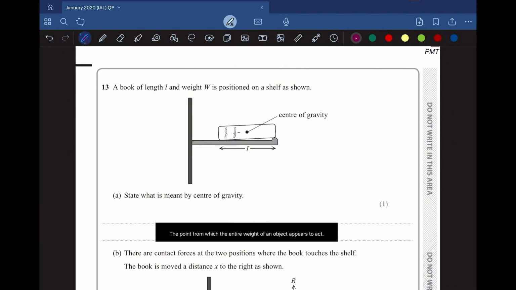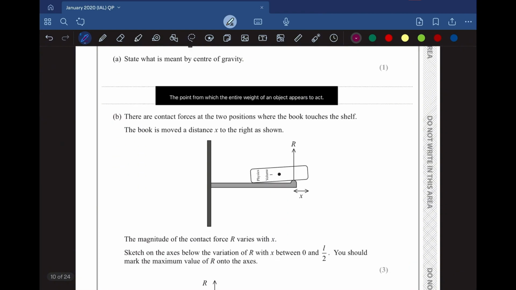This is the center of gravity from where the entire weight of this book is going to act. This is going to be our weight.